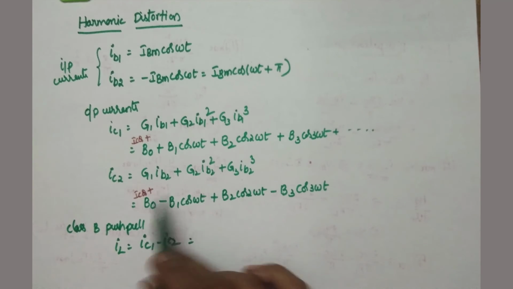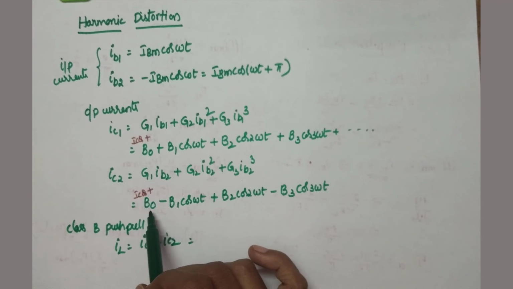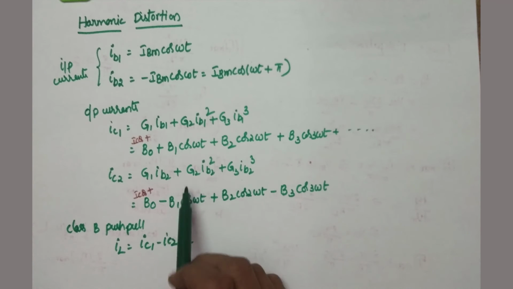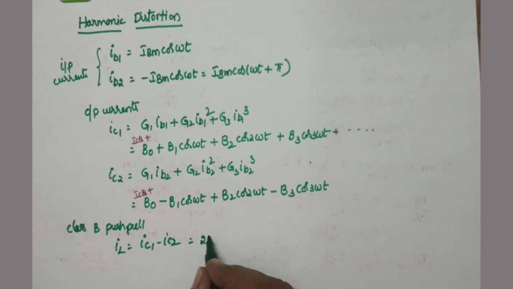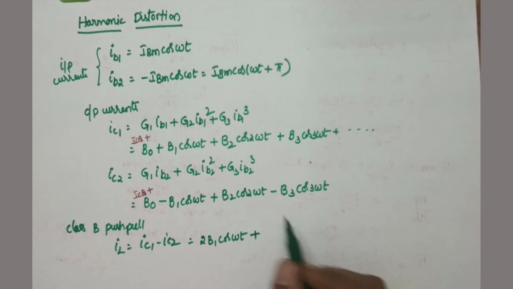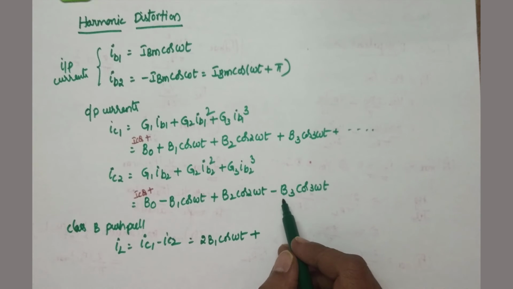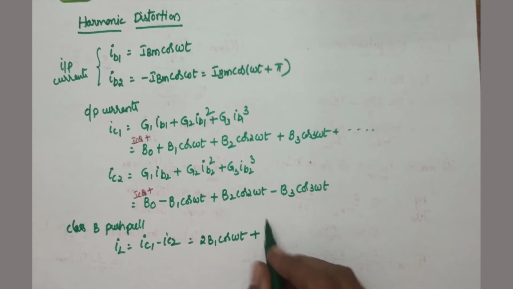If you subtract IC2 from IC1, then ICQ minus ICQ cancel, B0 minus B0 cancel, B1 cos omega t plus B1 cos omega t, so it is 2B1 cos omega t, and B2 cos 2 omega t minus B2 cos 2 omega t cancel, B3 cos 3 omega t plus, minus of minus B3 cos 3 omega t becomes 2B3 cos 3 omega t.